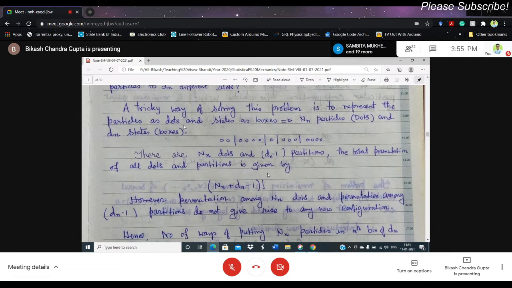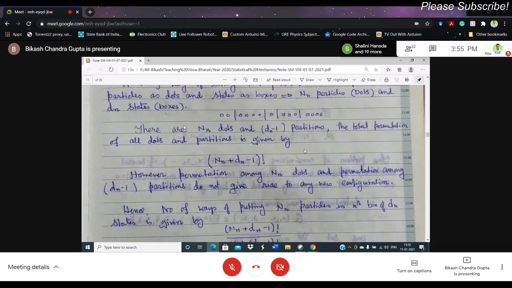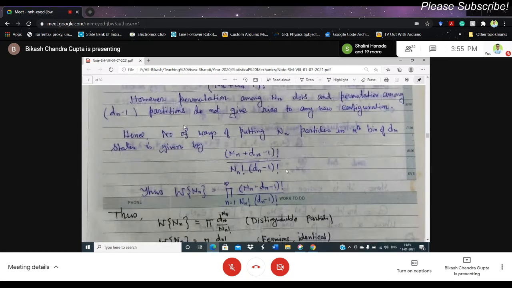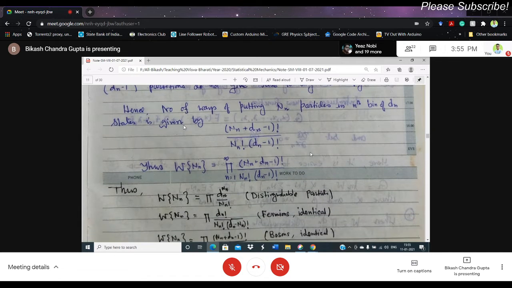Then the way to count the states is basically a permutation of all the partitions and number of particles, and then divide by the permutations among the particles, and divide by the permutations among the number of partitions. So that way you can obtain the number of ways you can put Nn particles in Dn states. Now, again, have the same approach.